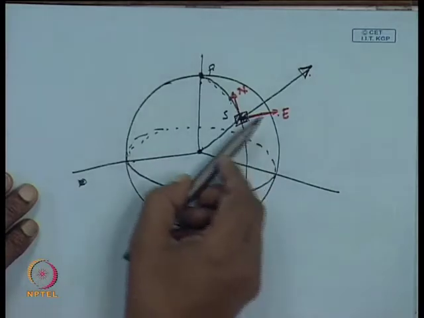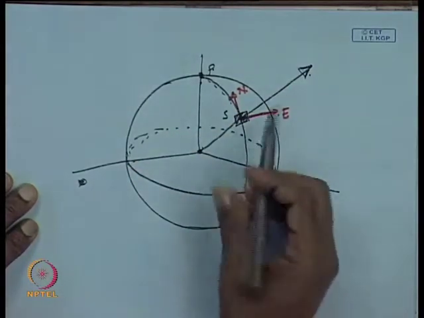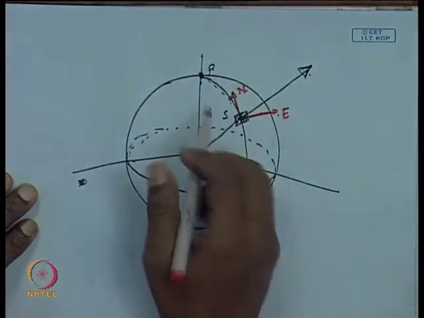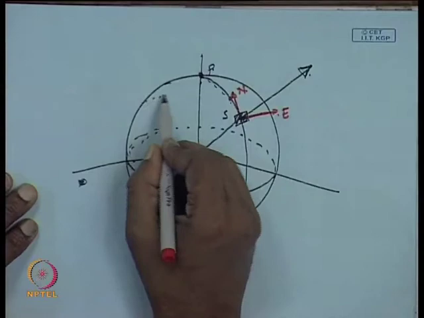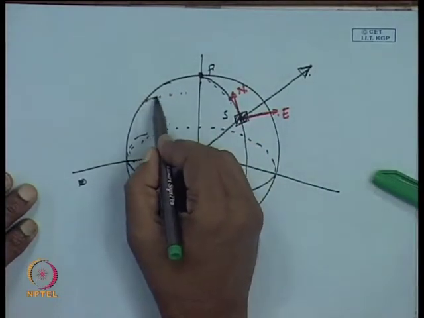So, the launching of the rocket you do along the local vertical, while an initial velocity is also present because of the rotation of the earth on its own axis.